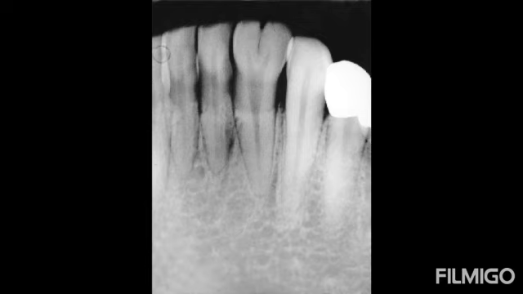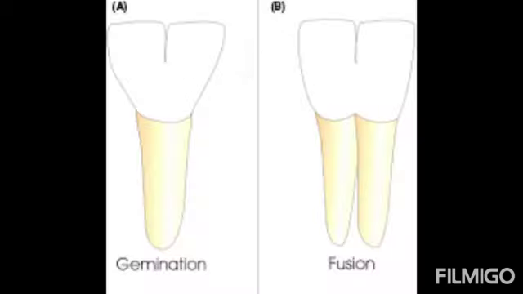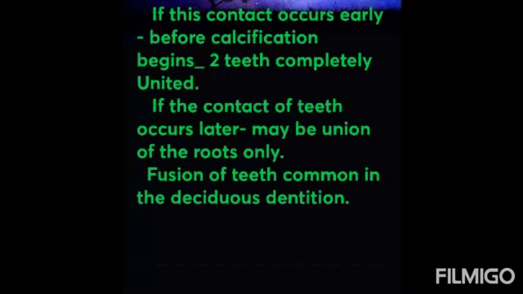This picture shows fusion, the union of two normally separated tooth germs. The fusion can occur at any stage; here there is a single root but two crowns. In this picture, the first one is gemination and the second one is fusion. In gemination there is a single root; in fusion there is a single or double root.